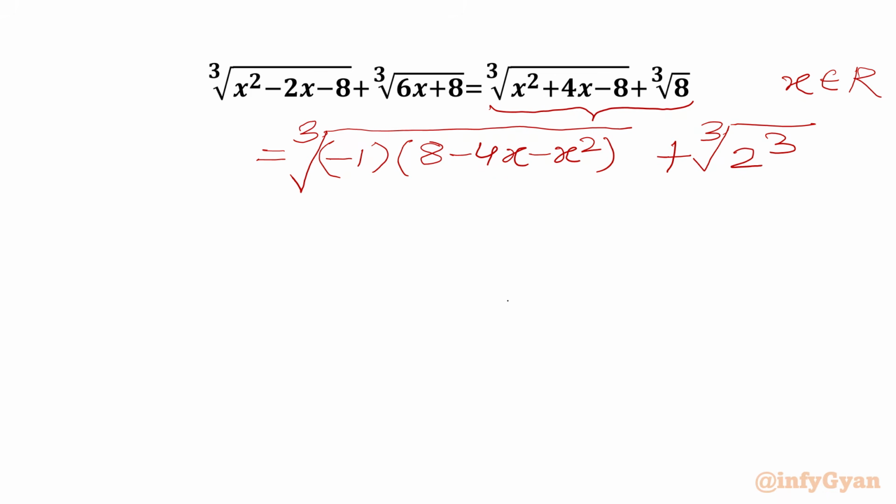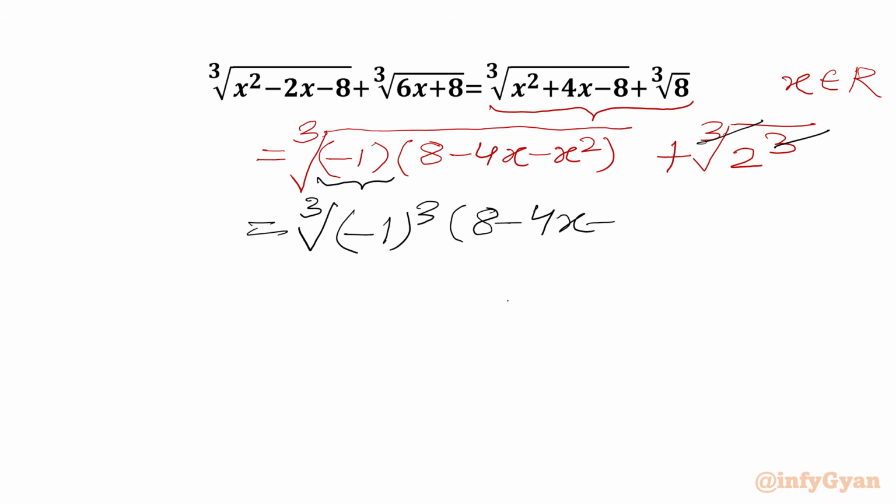Now cube root and cube will cancel. And we can write cube root of -1 whole cube, then we can write 8 minus 4x minus x square plus 2.